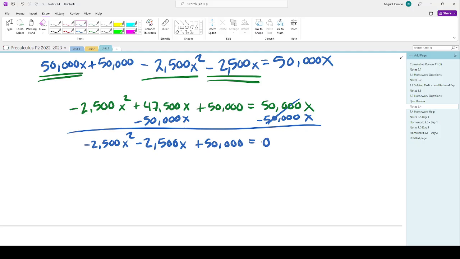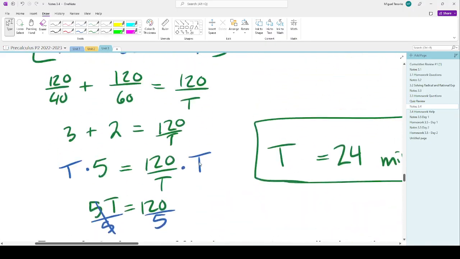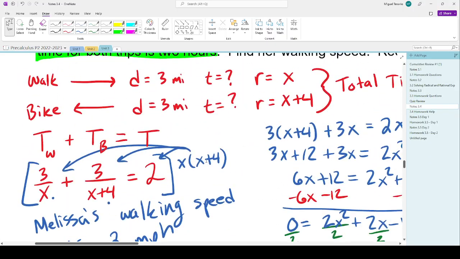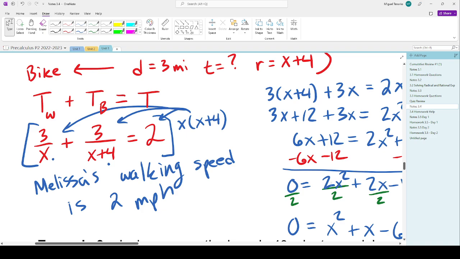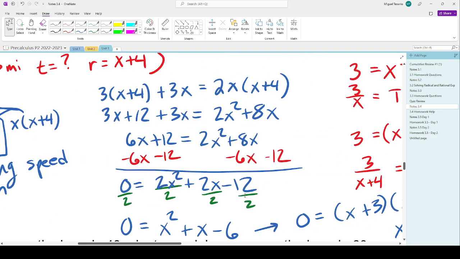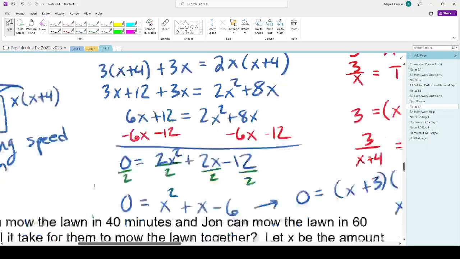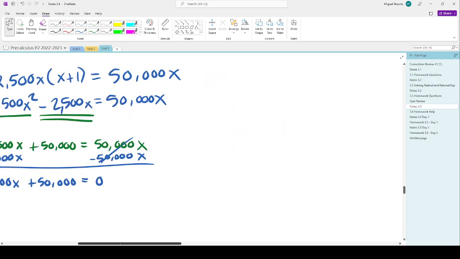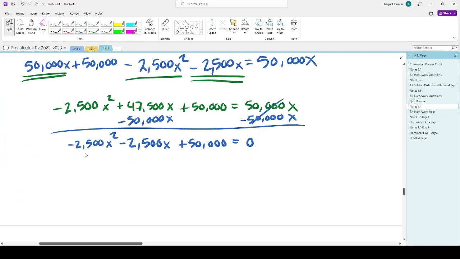Now, we did something kind of similar to this, where we divided all of the terms and reduced it. I believe it was up here in our word problem, right? Everything here was divisible by 2. I know it's weird. So everything in this word problem is now divisible by negative 2,500. If I can reduce the negative on my leading term, I'm going to do it.